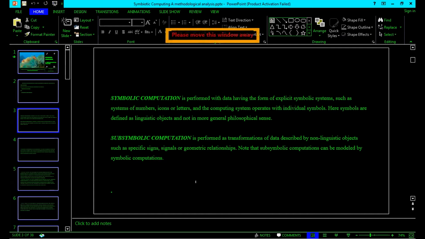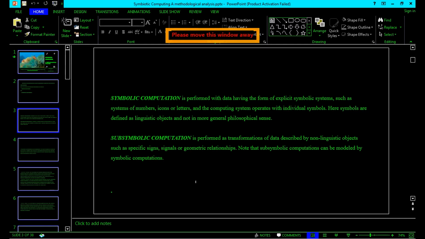And the computing system operates with individual symbols. Here, symbols are defined as linguistic objects and not in a more general philosophical sense. Sub-symbolic computation is performed as transformations of data described by non-linguistic objects, such as specific signs, signals, or geometric relationships. Note that sub-symbolic computation can be modeled by symbolic computations.